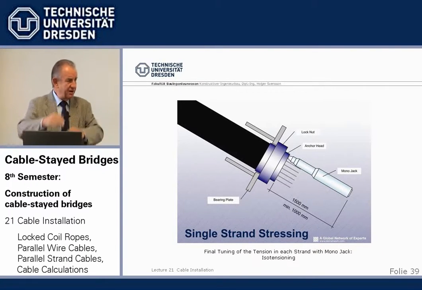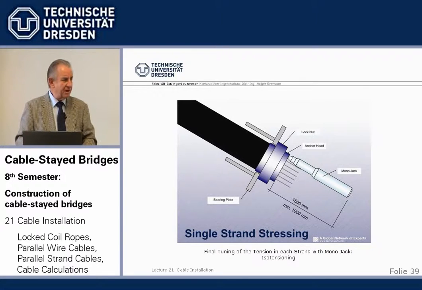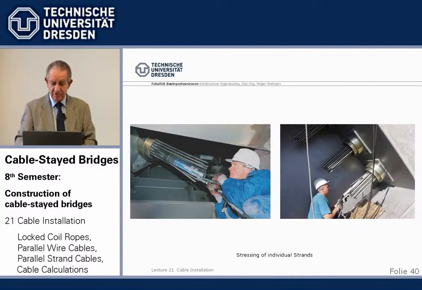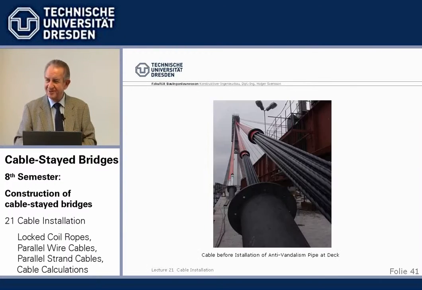You need a come-along or a crane or something there. So individual stressing with monojacks, and you see it here, is in a real size. This artisan stresses the last installed individual strand. The same here, small jacks, comparatively easily movable.